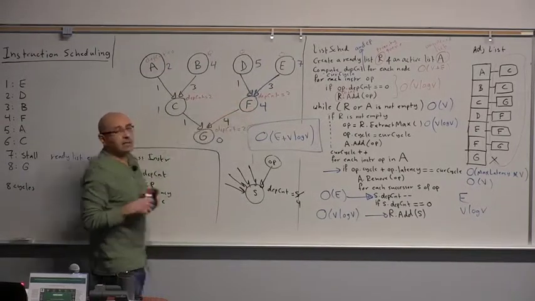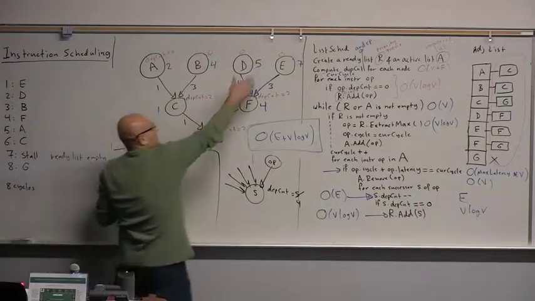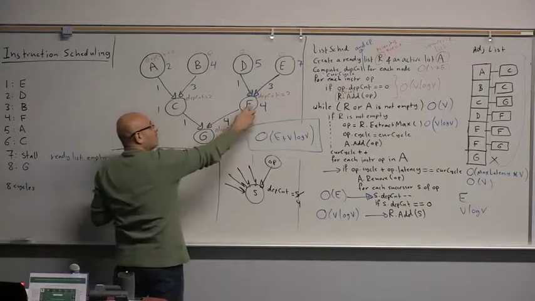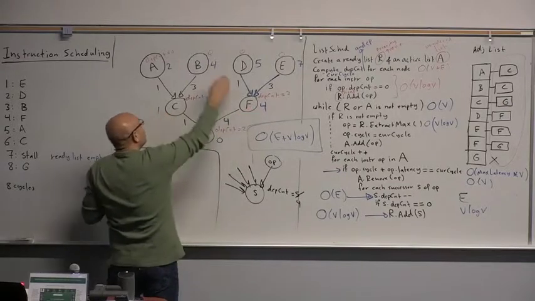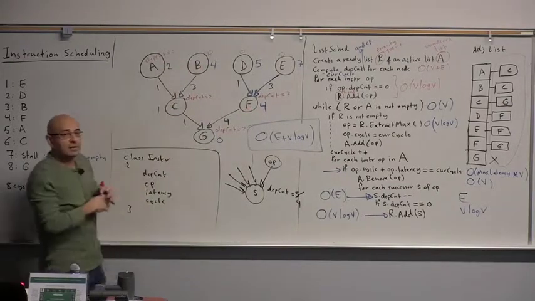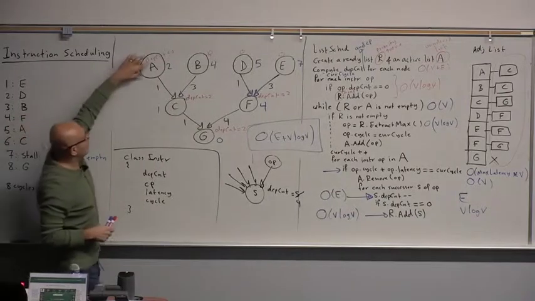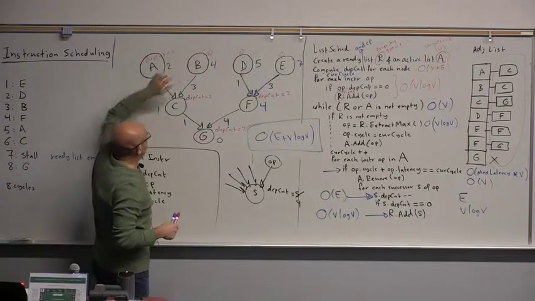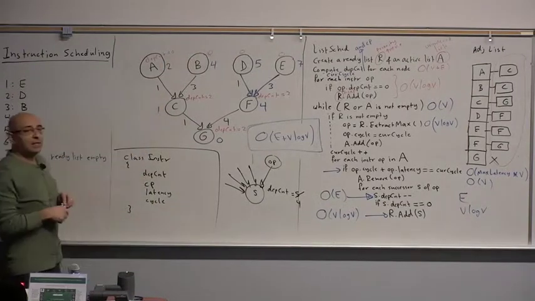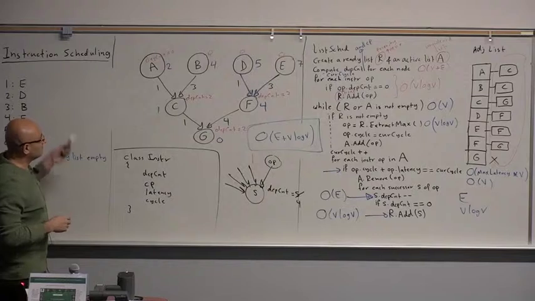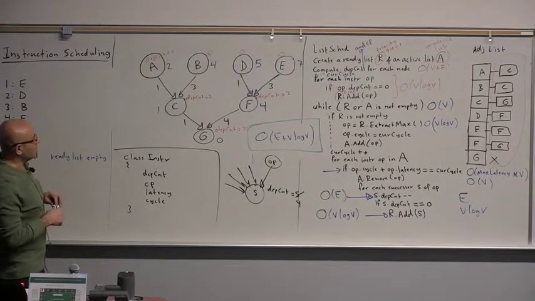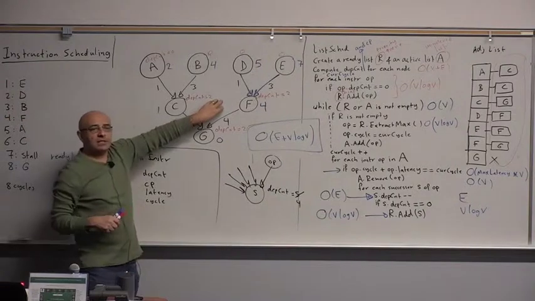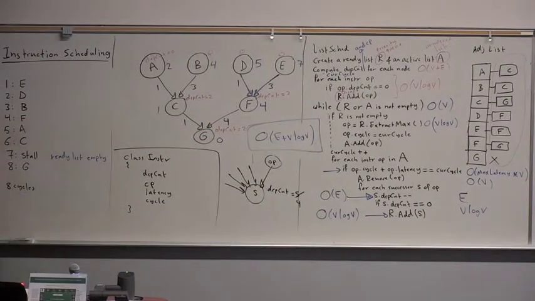So we need at least 3 registers. We can do this computation and this, 1 register, 1 register. Then we have to store the result in some register before we can do the other branch. We need a register for this again and a register for this, and then we need to store the result of this in a register. So you cannot do this in less than 3 registers.